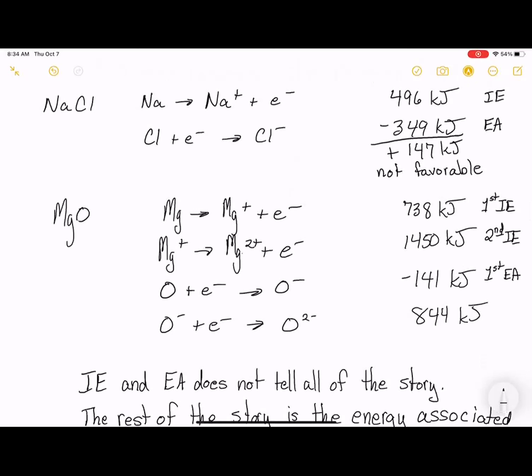But when you take that -1 charge and convert it into a -2 charge through the second electron affinity, notice that it's positive, which means that process is not favorable. And if I add up the energies associated with the formation of the cation and the anion, this is 2,891 kilojoules, and it is a positive value. So again, it is not favorable if all I am looking at are ionization energies and electron affinities.